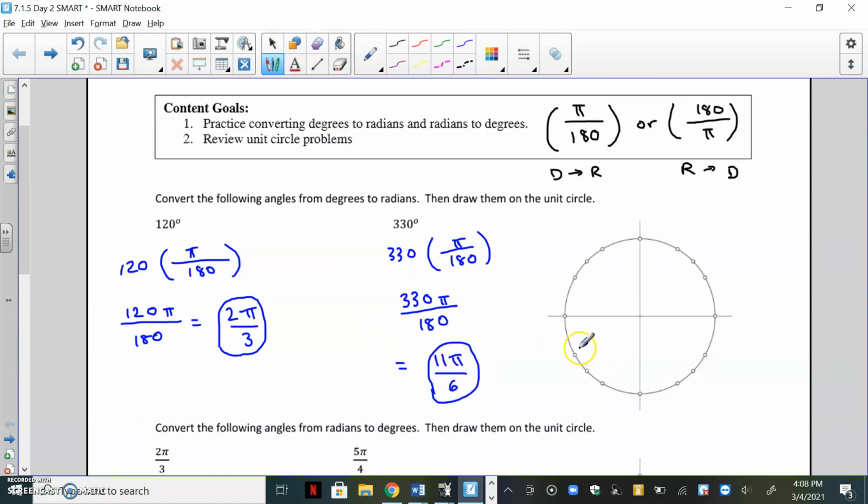Now regarding plotting these points on the unit circle, all I expect of you right now is to know what these points are, these dots, in degrees. We've been working with the unit circle a while, so we know these main 5 points already: 0, 90, 180, 270, 360. These you should have well memorized by now. Besides those, these other dots are the ones right in the center of each quadrant.